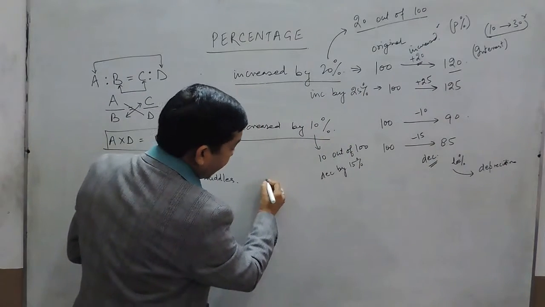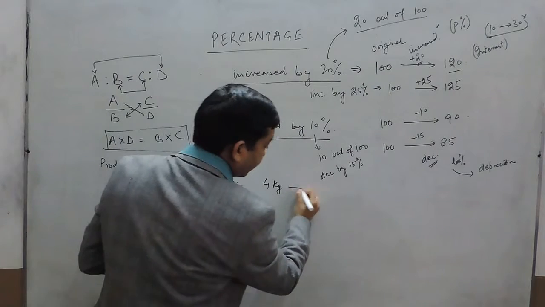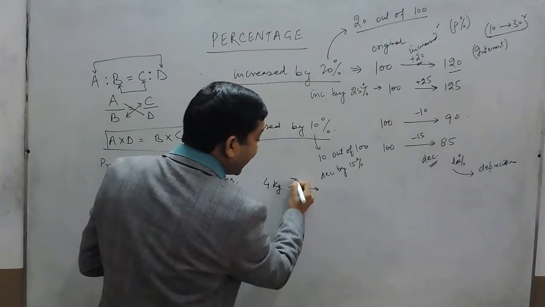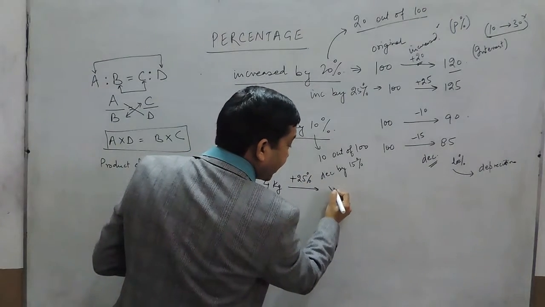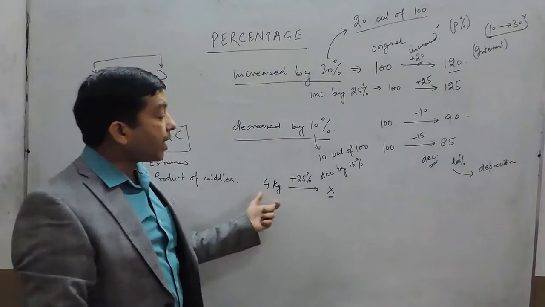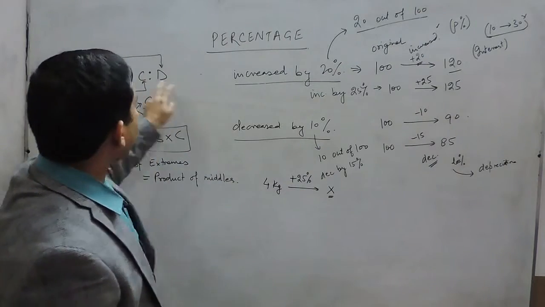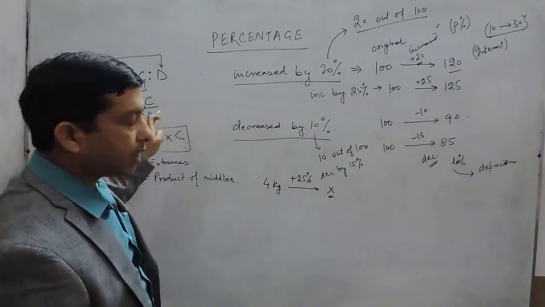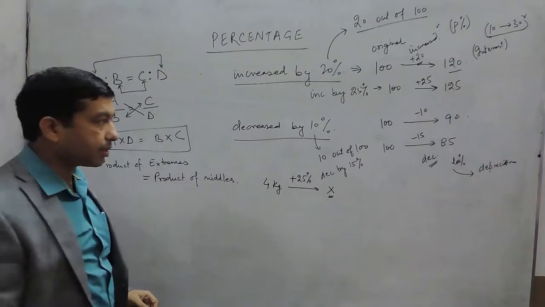If I am saying that the weight of an article is 4 kg and the weight is increased by 25%, what is the weight now? Here we have to be very clear that we can apply the concept of ratios, A upon B is equal to C upon D, where the product of extremes is always equal to the product of middles.